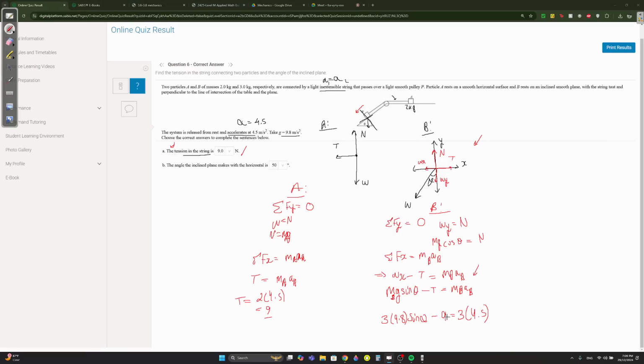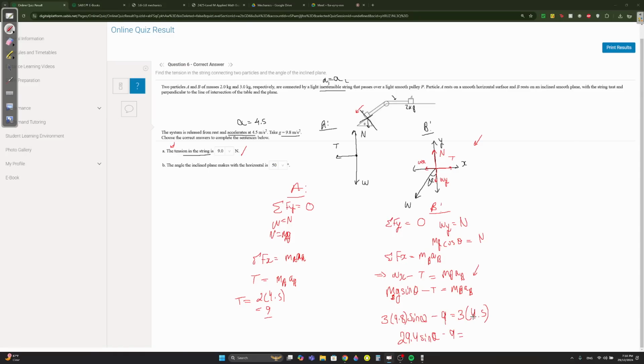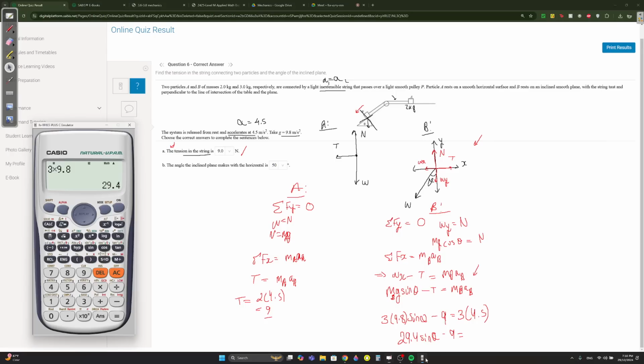Can we find theta? Of course we can. It's just a simple calculation now. 3 times 9.8 is 29.4 sine theta minus 9. 3 times 4.5 will be 13.5.